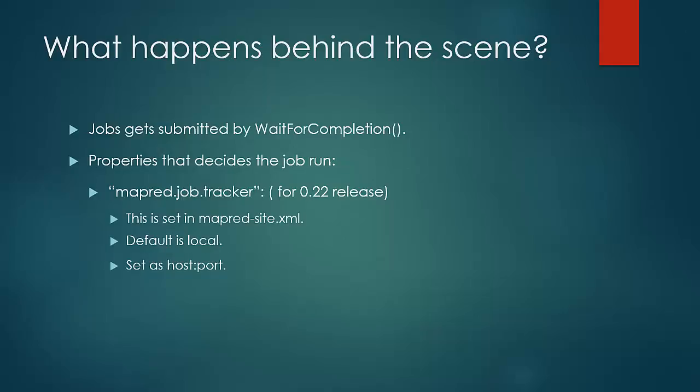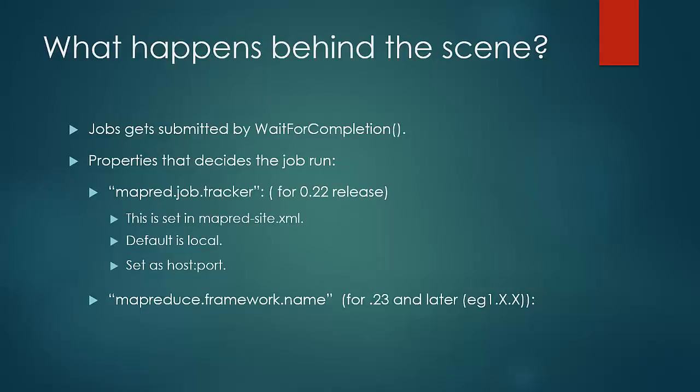In case of the 0.23 release or a later release, that is 1.x.x, there is a new MapReduce framework implementation. The new implementation is called MapReduce 2 and is built on a system called YARN. YARN stands for Yet Another Resource Negotiator.